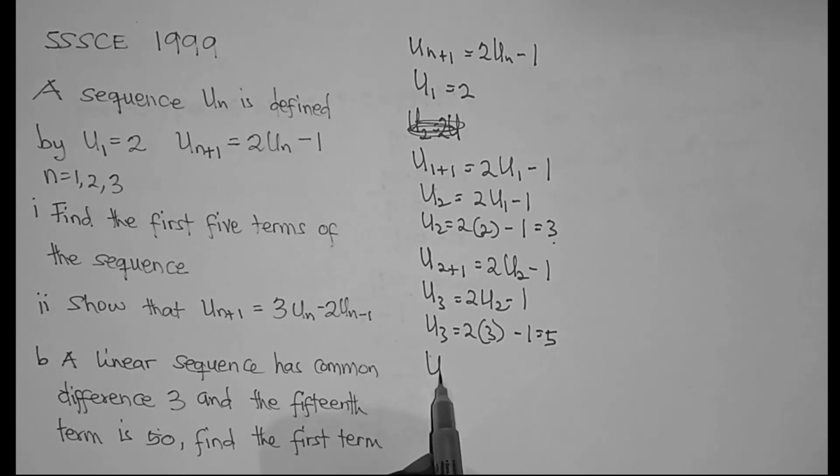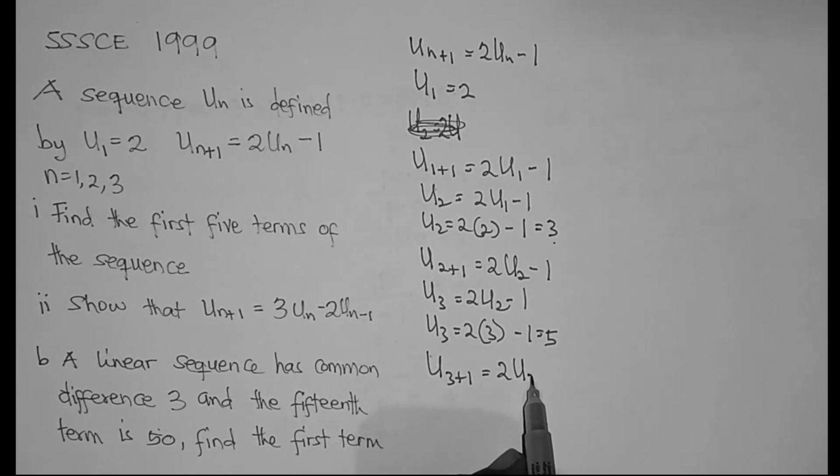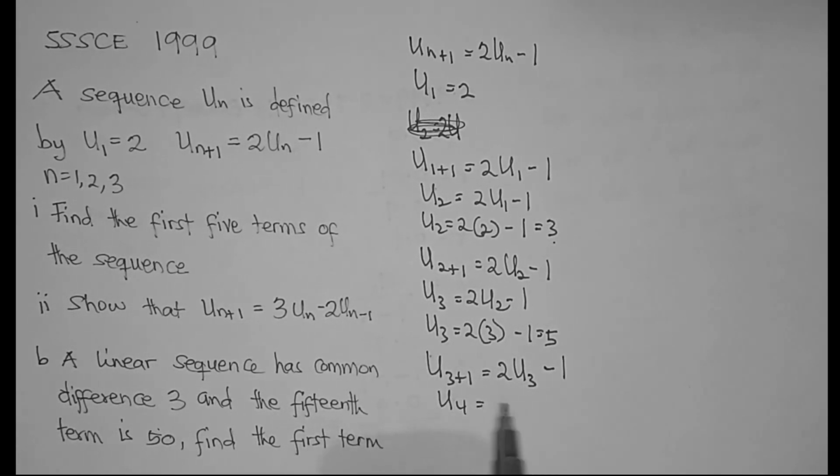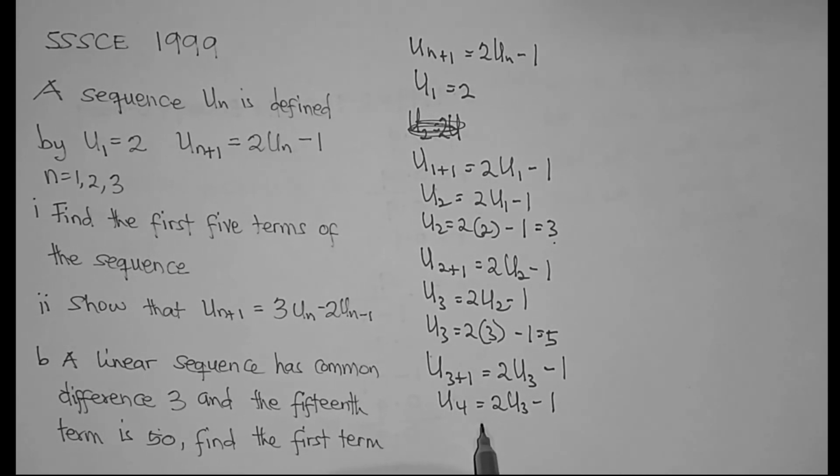Then let's put n equals 3. So it becomes u of 3 plus 1 equals 2u of 3 minus 1. So u4 is equal to 2u3 minus 1. And this is equal to 2 times u3, u3 is 5, minus 1. 2 times 5 is equal to 10. 10 minus 1 is 9.